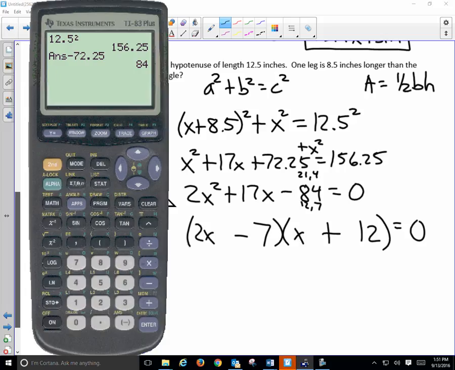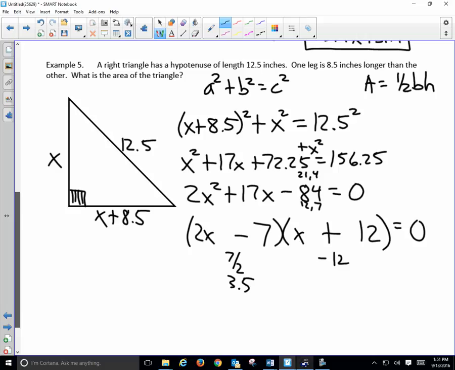2x times 12 is 24x. Negative 7 times x is negative 7x. It works. X is 7 over 2, or 3.5, and then x is negative 12. You tell me, which one can I use as a solution for this problem? Negative 12 does not work because that will be a negative length, so therefore x is 3.5.